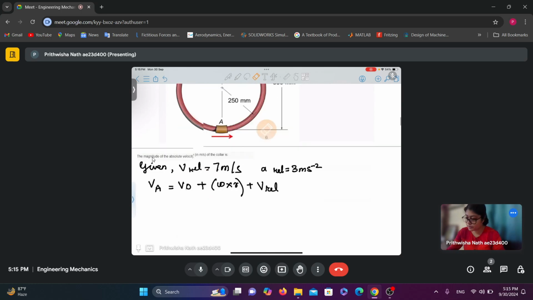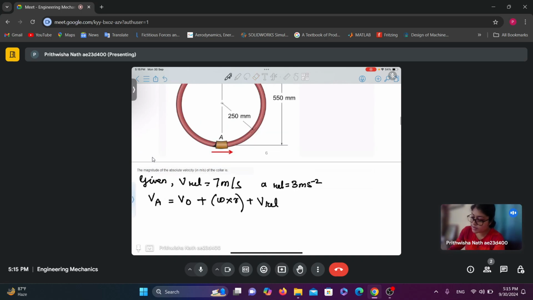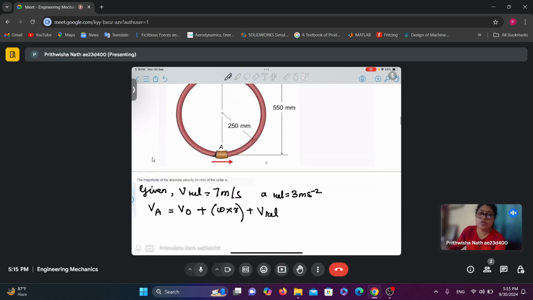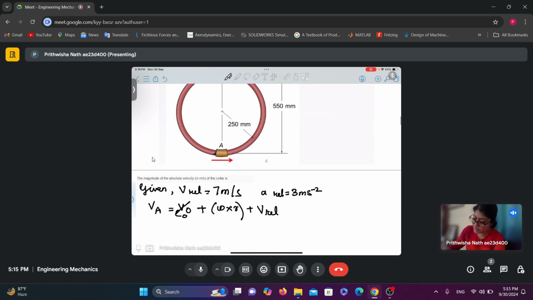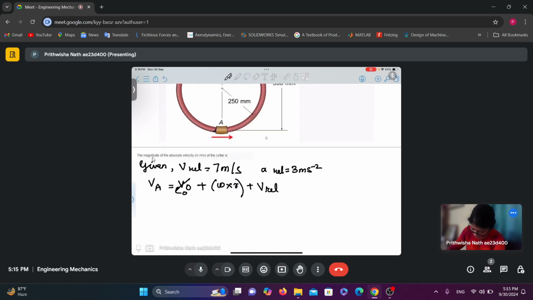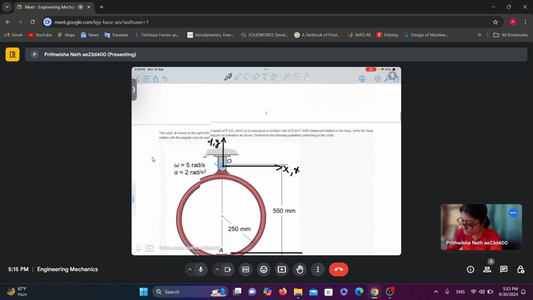Now this velocity VO is 0 according to the choice of frame that we have considered here. So VO is 0. What is omega? Omega is 5 radian per second, right?